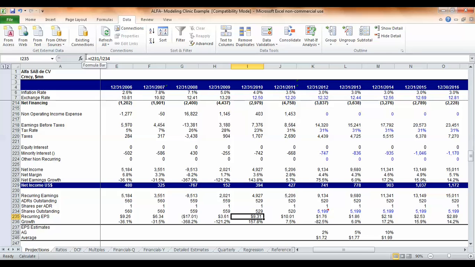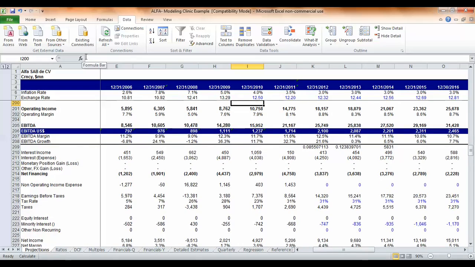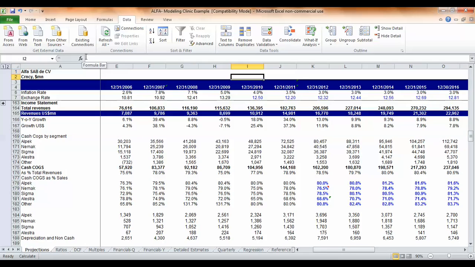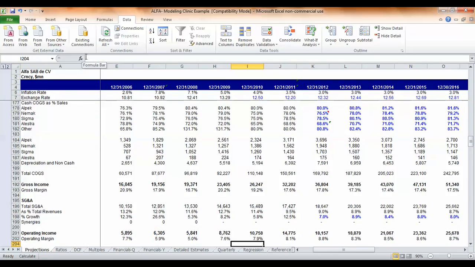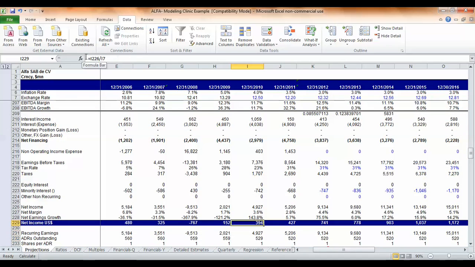I will come back to this section here, the net financing part, later, because this is, as I explained, where you tie up your three financial statements, depending on your surplus or deficit of cash. This figure here, your interest expense, line 211, will change.